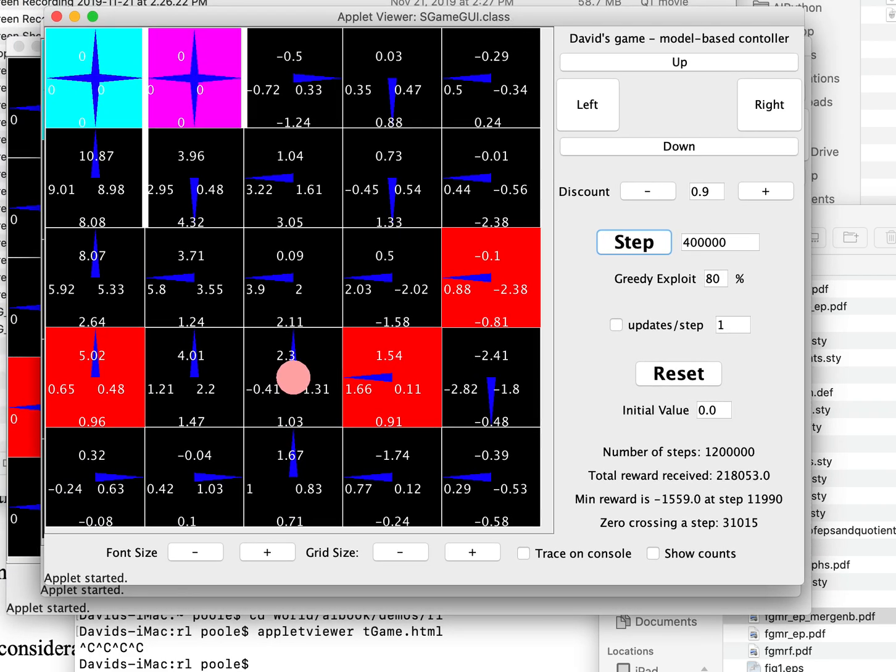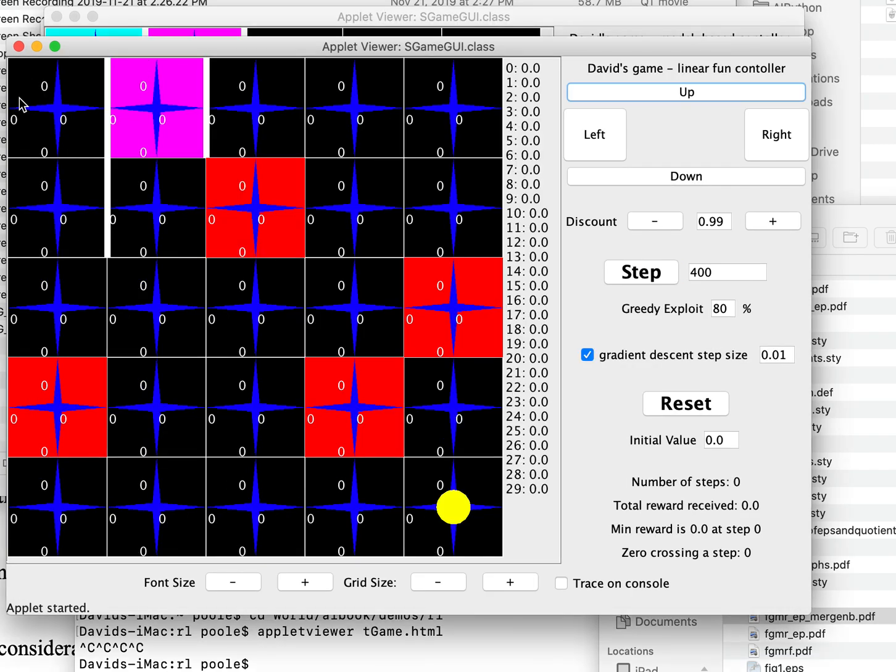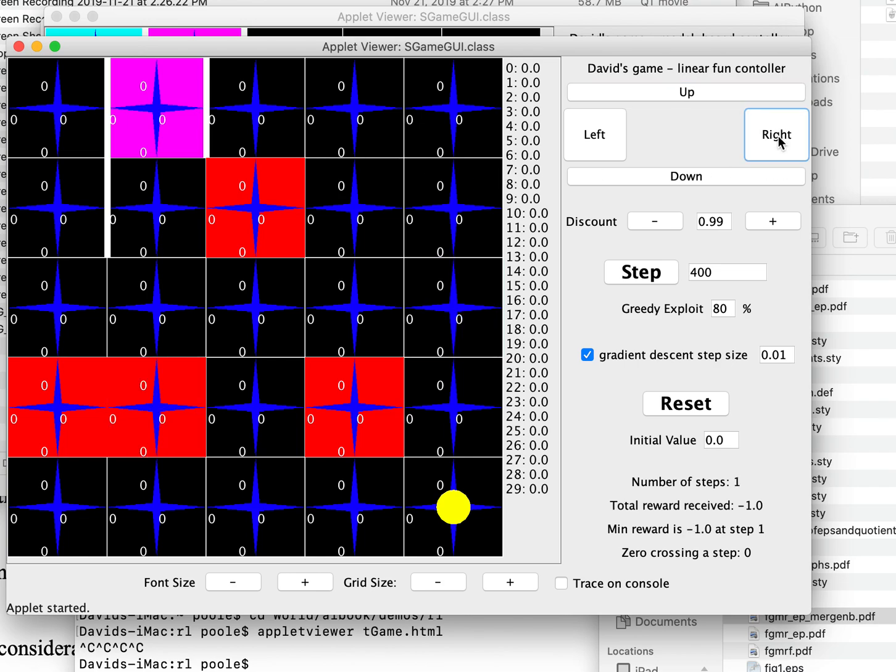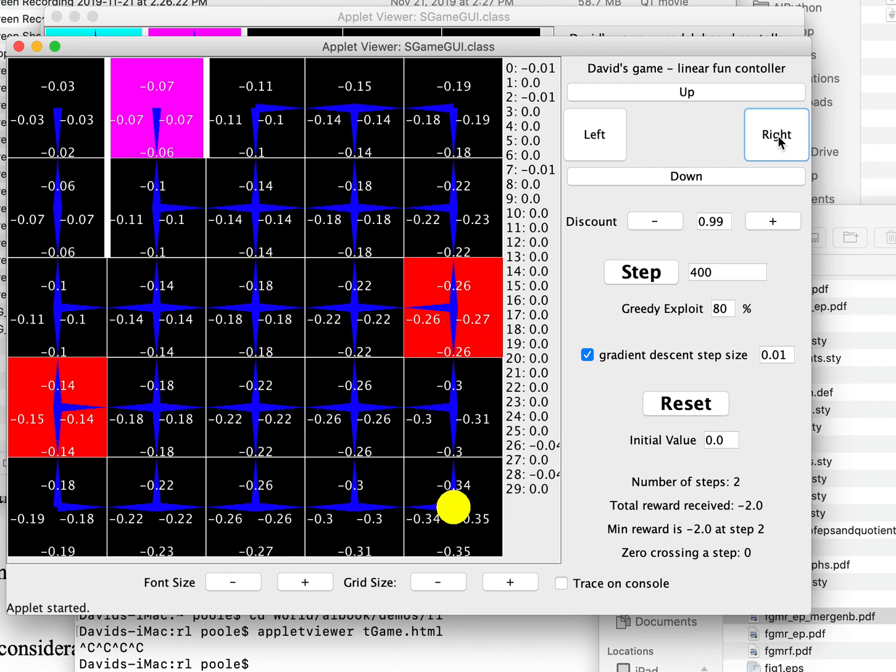Alright, so now we're going to look at what to do with a feature-based controller. The feature-based controller is going to generalize better. It learns a linear function. So what it's going to do here is we go right here, and because we've crashed into the wall and got a penalty, it knows crashing into the wall is bad, because that was one of the features.